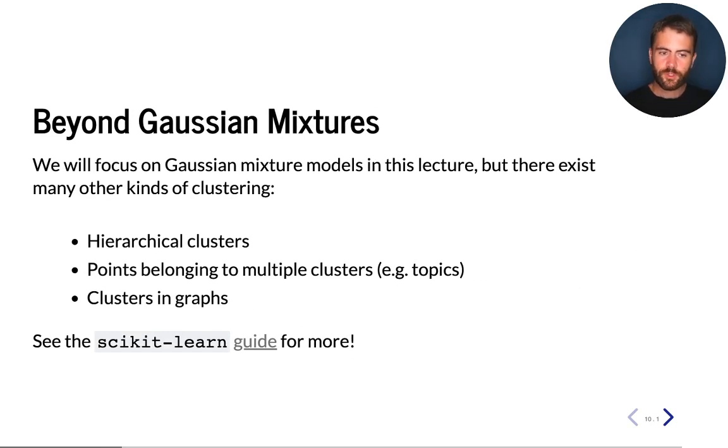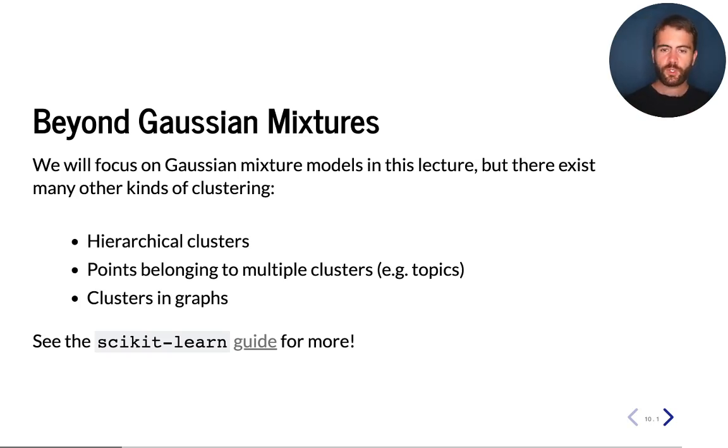We will talk about a practical algorithm for solving this optimization problem next, but before we go there, I just want to point out that there are also many other types of clustering. We will not be able to cover all of them in this course, but these are also interesting algorithms that are useful to know about. One type is called hierarchical clustering, where clusters have structure and a hierarchy attached to them.